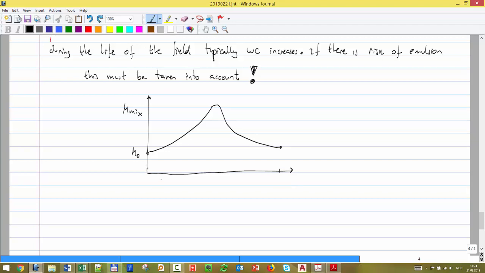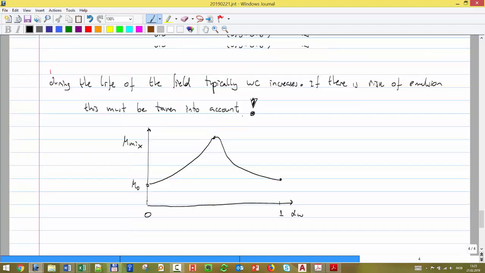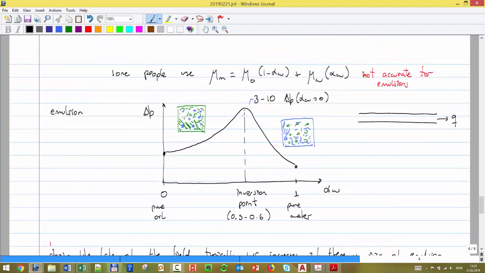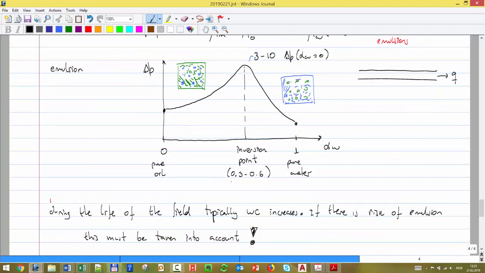They simply back calculate from that pressure drop a curve for the viscosity, or they measure the viscosity in a beaker. They mix it and then measure with a viscosimeter. The inversion point depends very much on the crude, but usually happens between 30 and 60% of water.